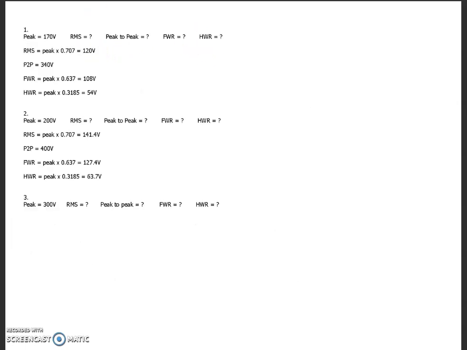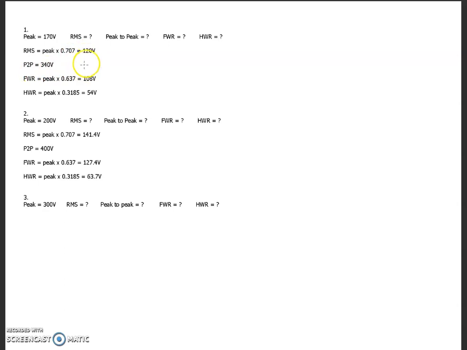So if we move on down the line, let's play with the numbers a little bit. We have a peak of 170 volts. What is the RMS? What is the peak to peak? What is the full wave rectified and the half wave rectified? The RMS is the peak times 0.707, which gives us 120 volts.